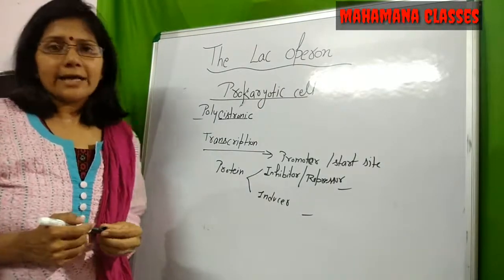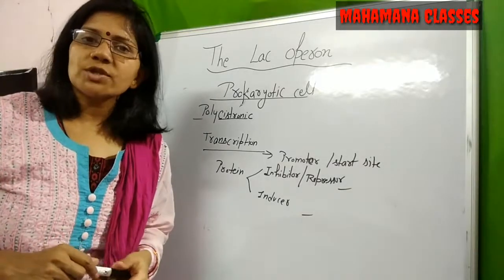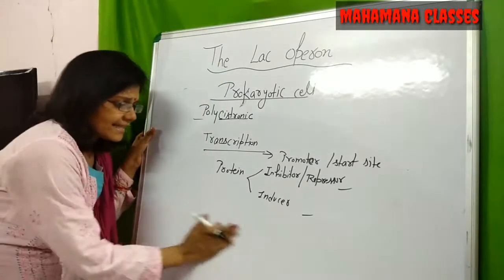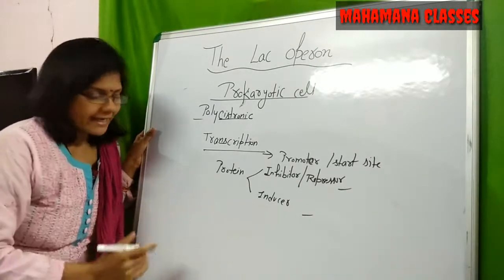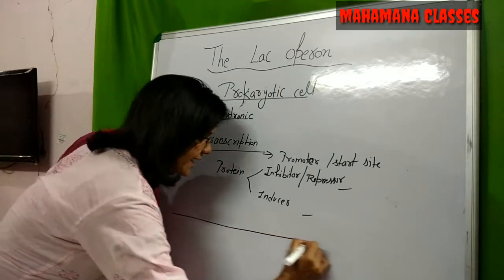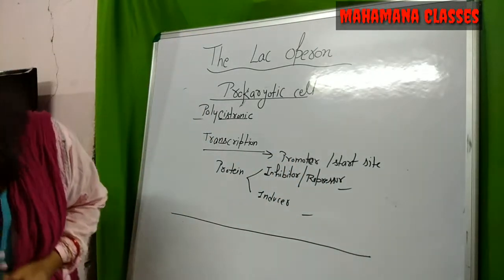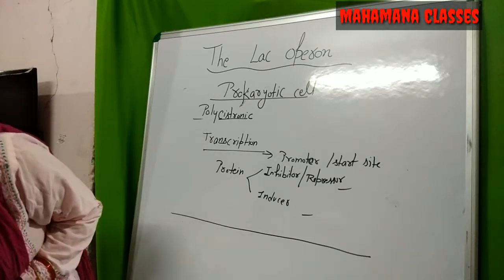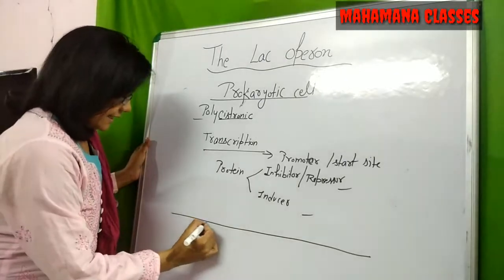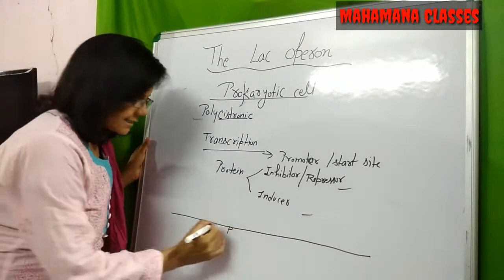Now come to the lac operon model. The lac operon model was proposed by Jacob and Monod. In this model, there is a transcriptional unit, as we know, and there is a promoter region, which is your start site.